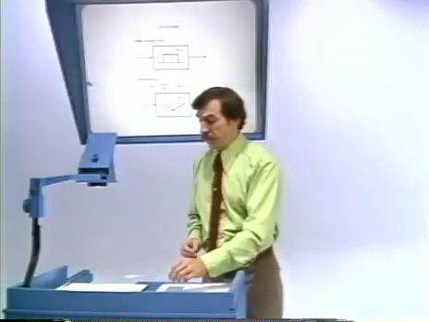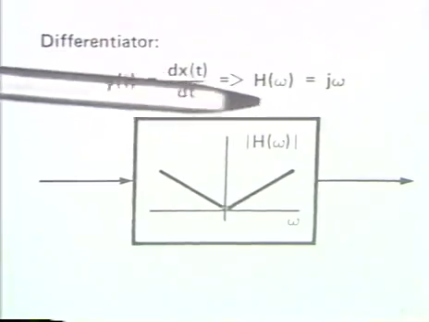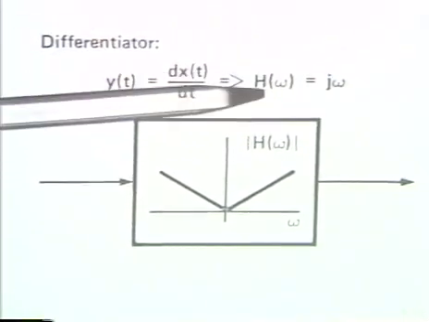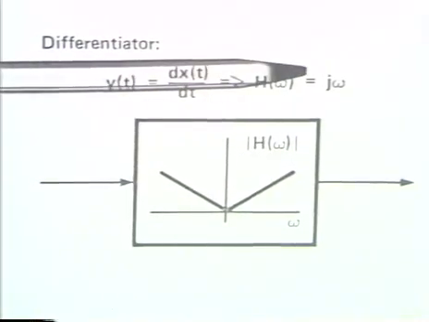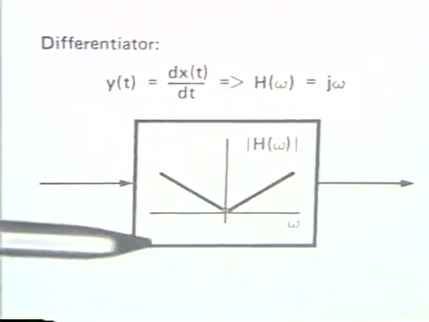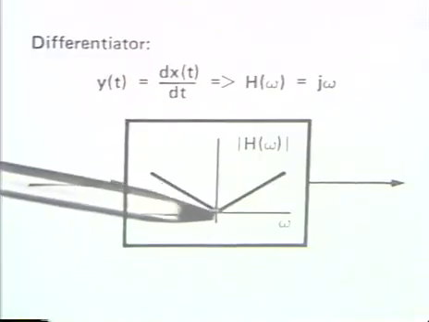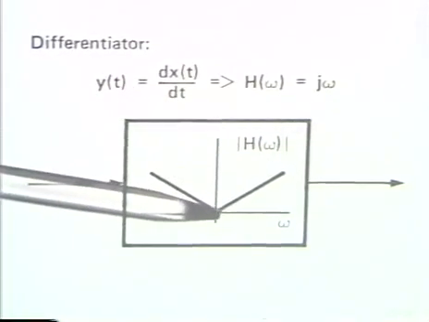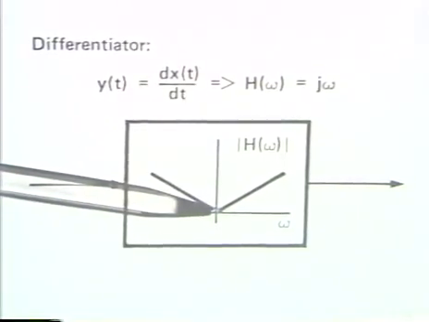So what that says is that if we have a differentiator, the frequency response of that is j omega. In other words, the Fourier transform of the output is j omega times the Fourier transform of the input. And so the frequency response of a differentiator looks like this in terms of its magnitude. And what it does, of course, is amplify high frequencies and attenuate low frequencies.